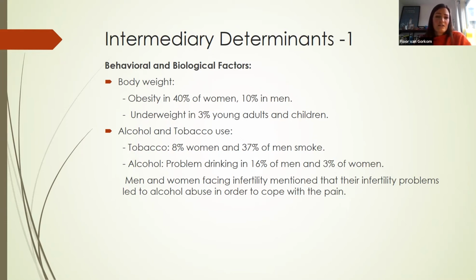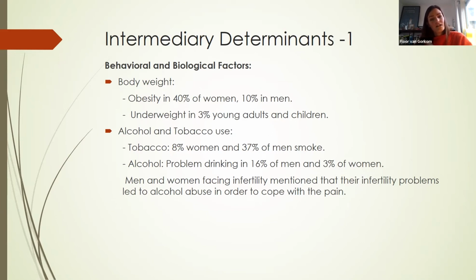It's only in 3% of young adults and children. Another important factor which influences infertility is alcohol and tobacco use. Tobacco use is 8% in women and 37% in men, and alcohol at a problematic level is in 16% of men and 3% of women.